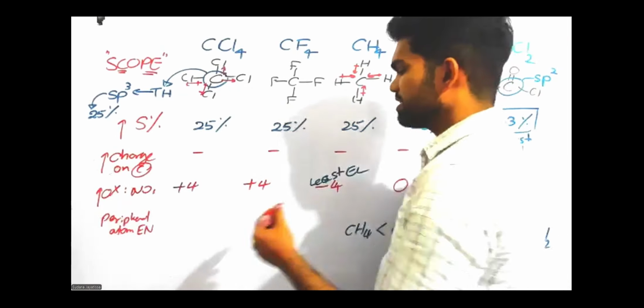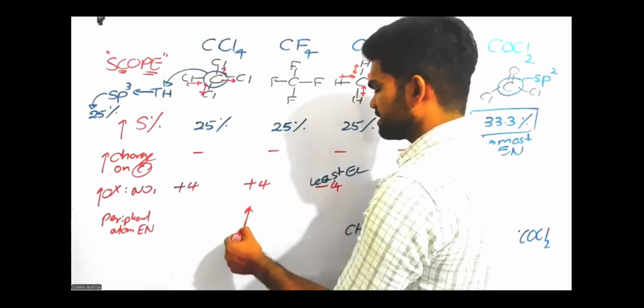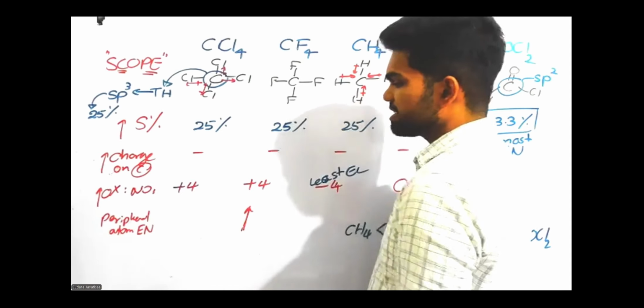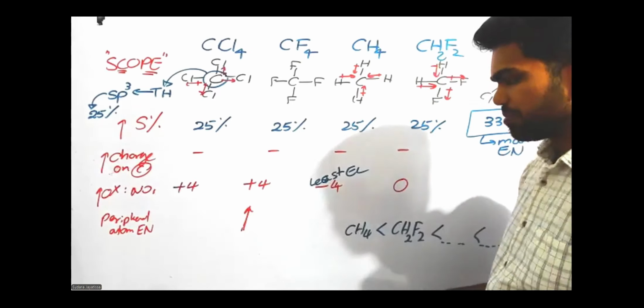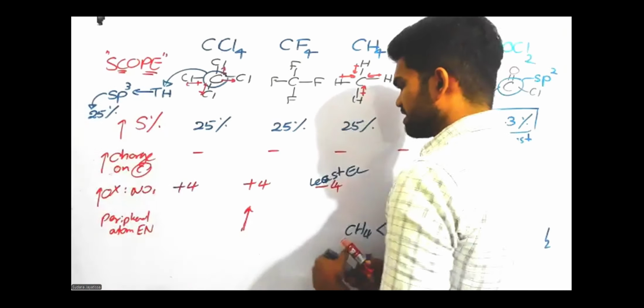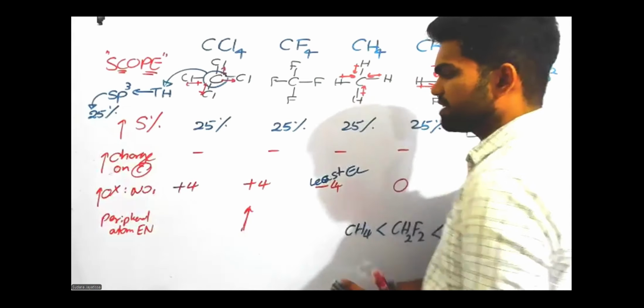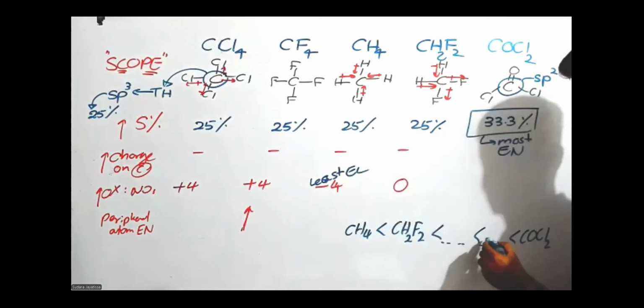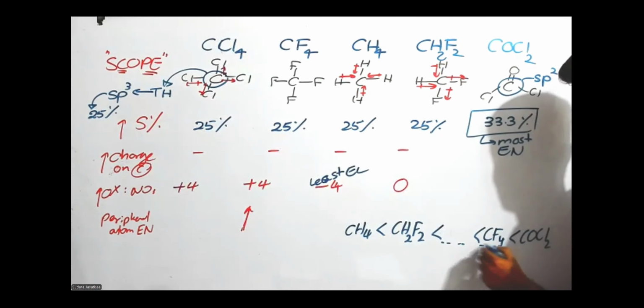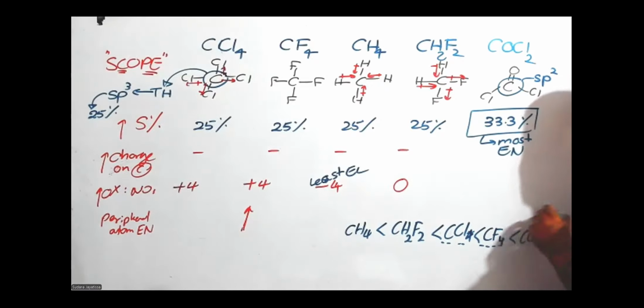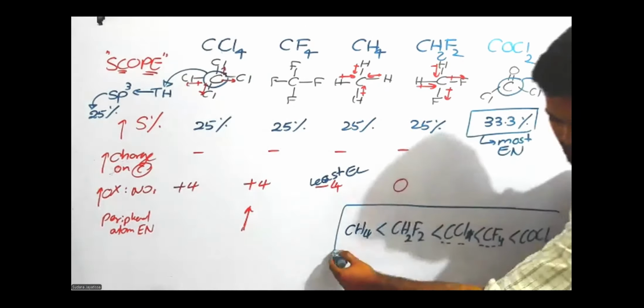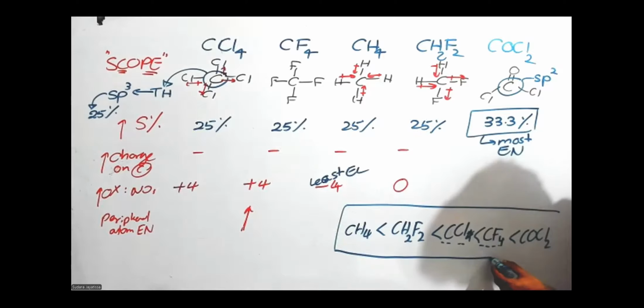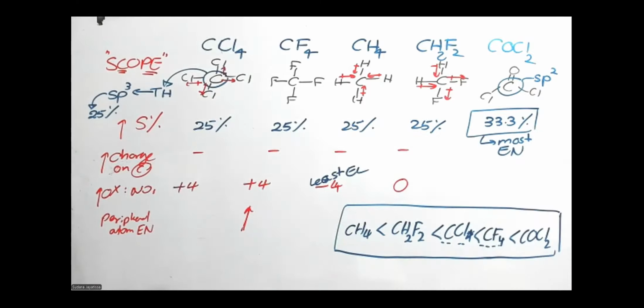So here, the electronegativity of fluorine is higher than chlorine. That means this is going to have a higher electronegativity. So CF4 is more electronegative than CCl4. So you can find this answer in answer number 5.